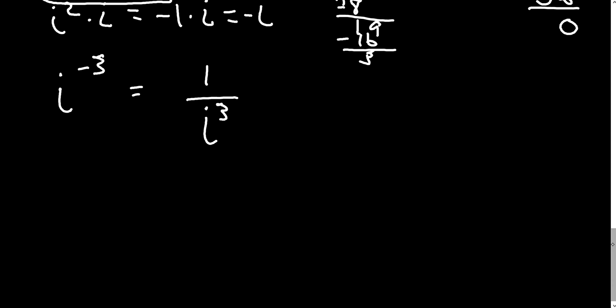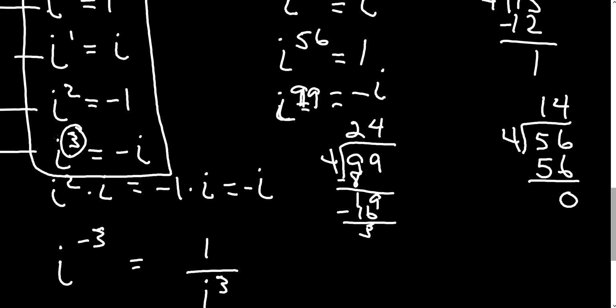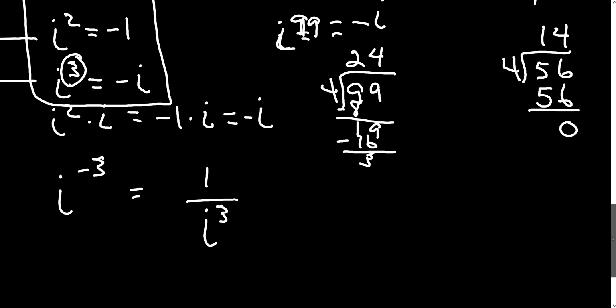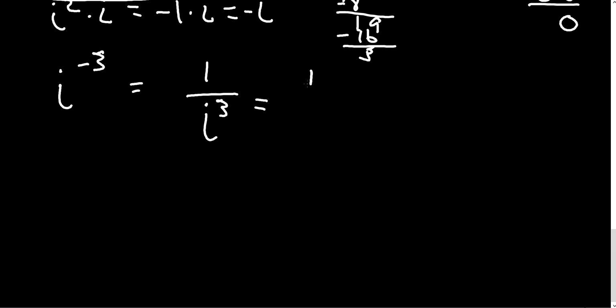The 3 is the remainder, and I can just go back up to the chart and say this is i to the 3, which is negative i. So this would equal 1 over negative i, which is the same as negative 1 over i. And that's how you handle the simplification of the powers of i.